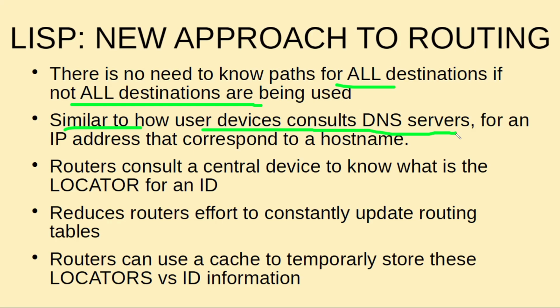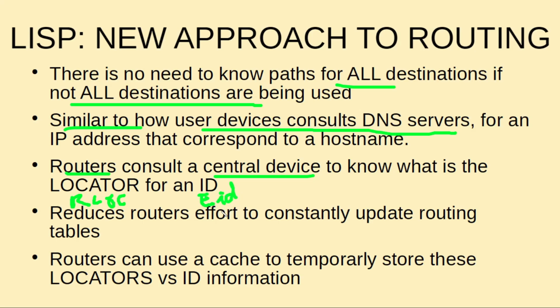We can go and ask a DNS server what is the actual IP address where this application lives. In the same manner, with LISP, routers do not need to have a complete routing table. As they need to move traffic, they will ask a central device what is the RLOC for a particular destination endpoint ID.